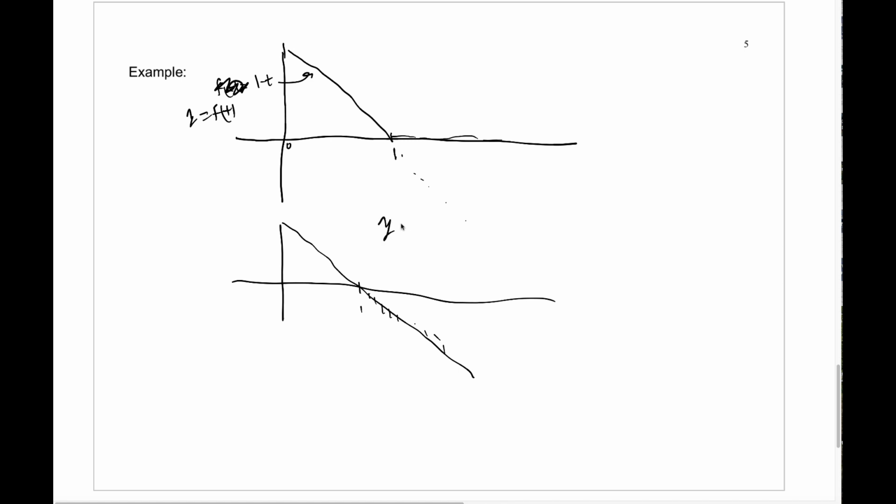I'll write down f of t equals 1 minus t. I can just erase things here easily. f of t is 1 minus t plus, beginning at 1, so I write u sub 1 of t to say what happens at 1, I'm going to add back in 1 minus t.